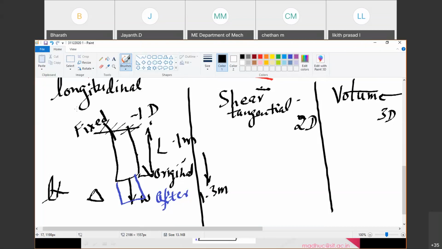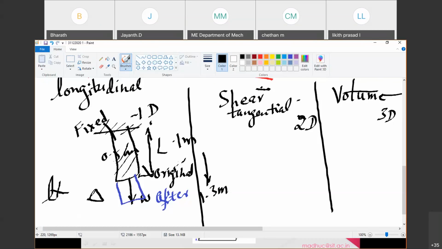So let us take this wire as very small. If it is 1 meter, I will call this about 0.5 centimeter. 0.5 centimeter is almost negligible when compared to 1 meter. So in this case, if you take the change in the length, it will be very high compared to the diameter.